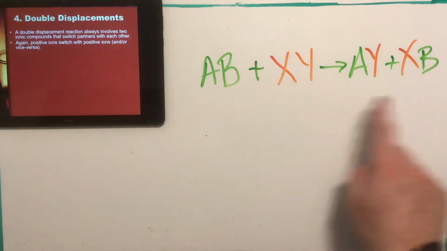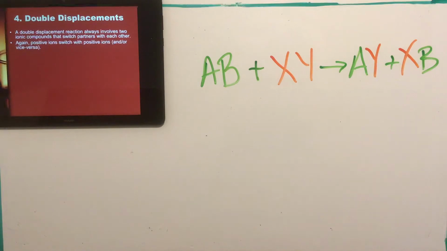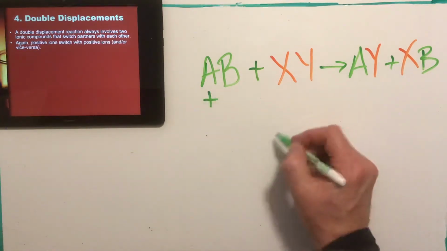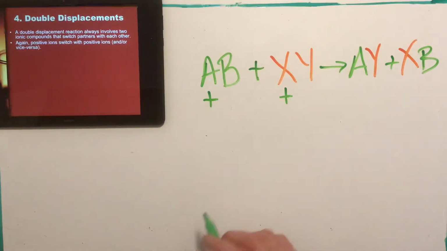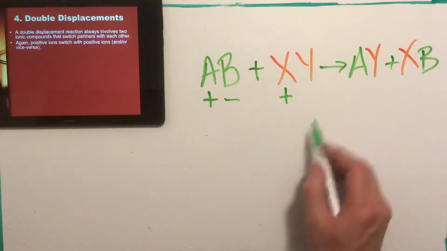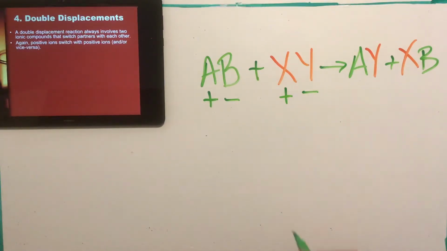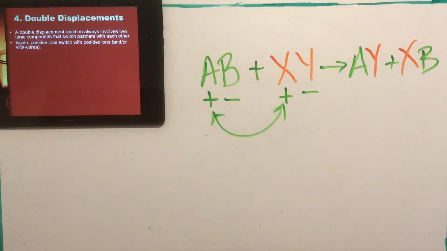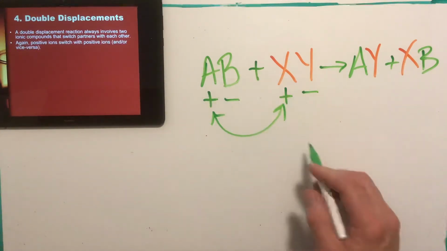Anyway, what basically happened there on the dance floor was a double displacement reaction, right? Now, if we were to treat these like ionic compounds, we know the positive ions always go first. So A would be the positive ion, B would be the negative. X would be the positive ion, Y would be the negative. And so we end up just simply switching these two positive ions. The A and the X in this case are going to switch.